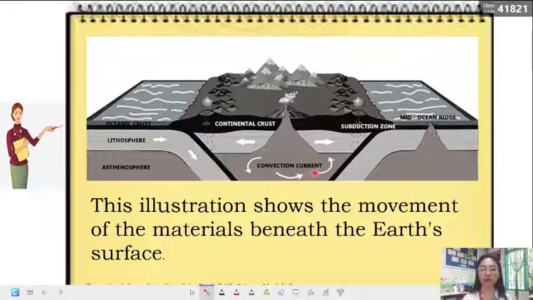If the material is heated, it goes up and then it moves horizontally and it sinks in the subduction zone. Okay, here. This is the continental crust where we are now. And this is the oceanic crust, the water part. Okay.